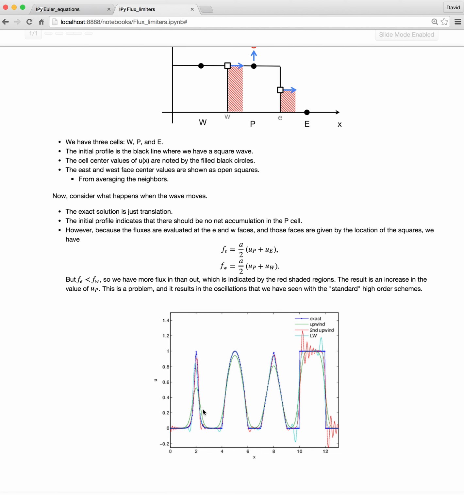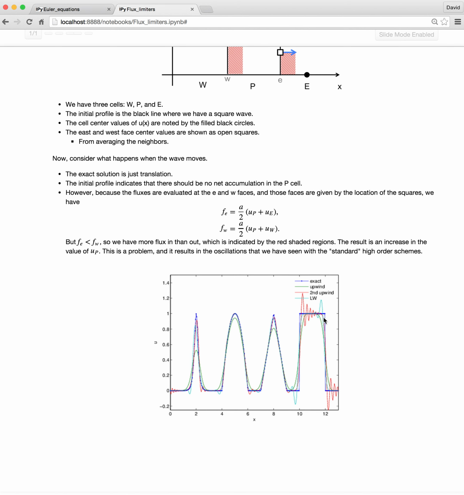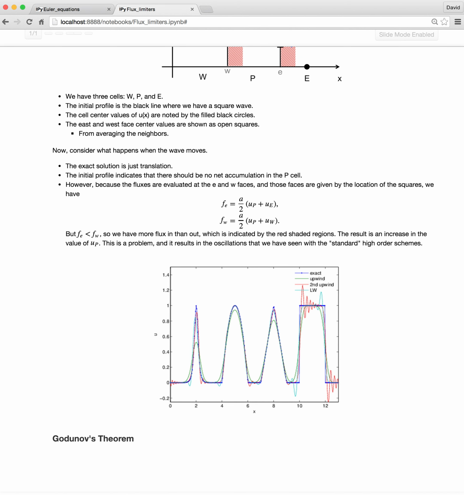The red line is a second order upwind, and the cyan line is a Lax-Wendroff approximation. And you can see that the upwind scheme doesn't have any oscillations in it, but it's also very diffusive and it's a low order method. The two higher order methods, second order in space, are the second order upwind and the Lax-Wendroff method, and both of those have this problem with oscillations that's causing us so much grief.